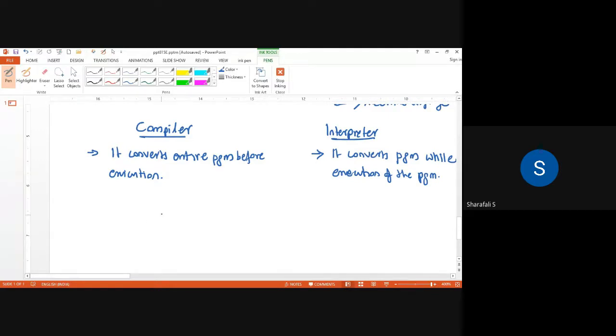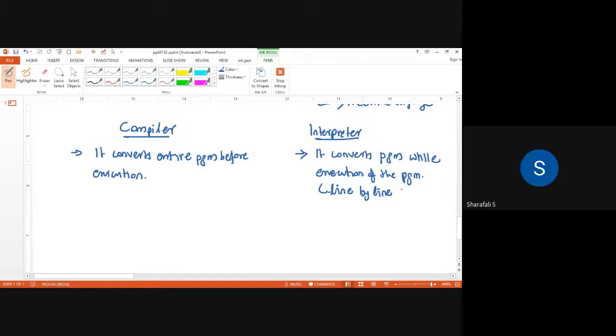This is nothing but line by line execution.